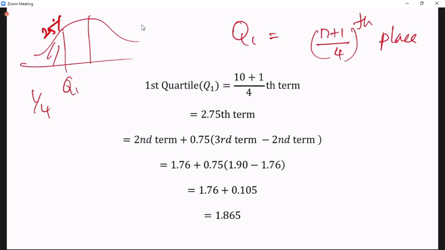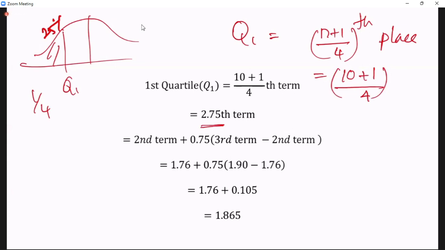So, (n plus 1) divided by 4, that is the formula. For this data set, we have only 10 elements. Therefore, substitute: 10 plus 1 divided by 4, that is 11 by 4, which is 2.75.